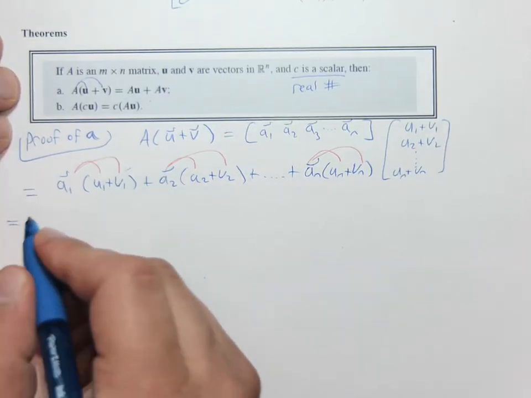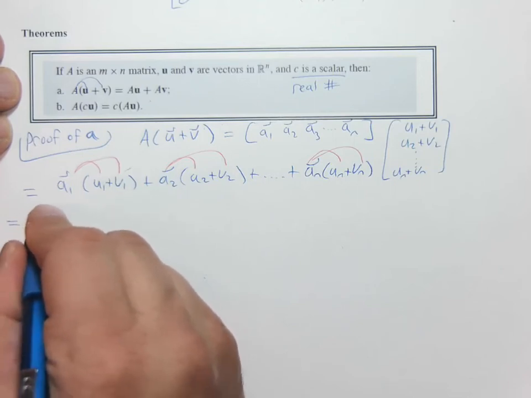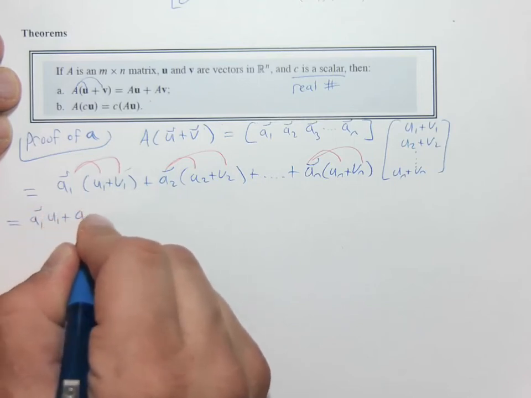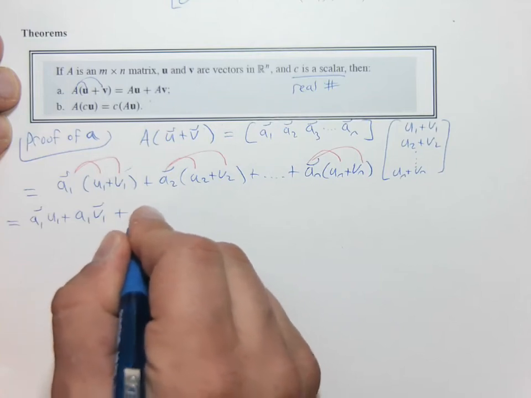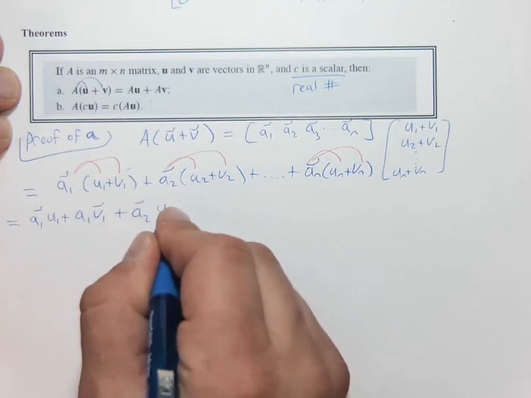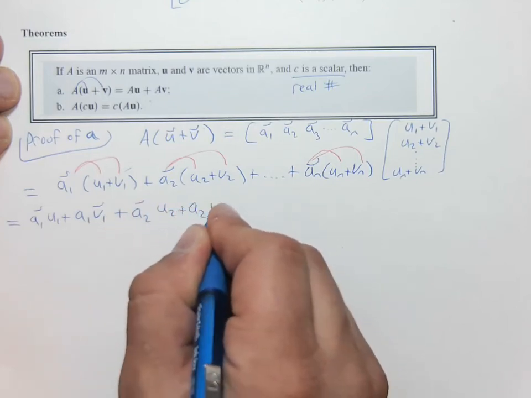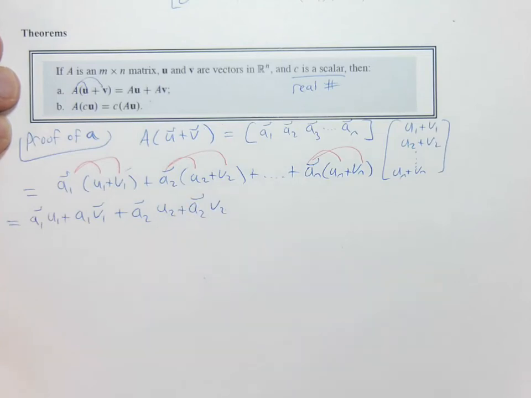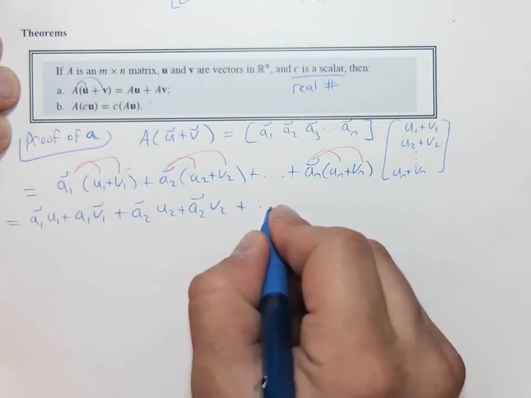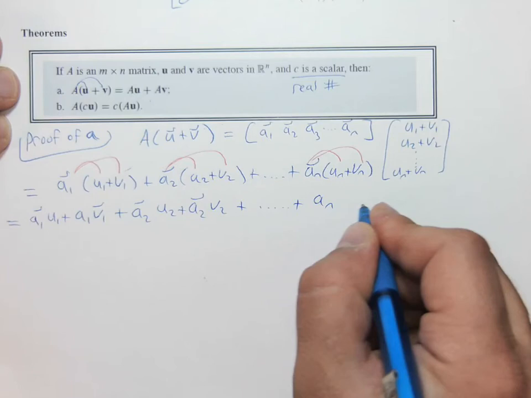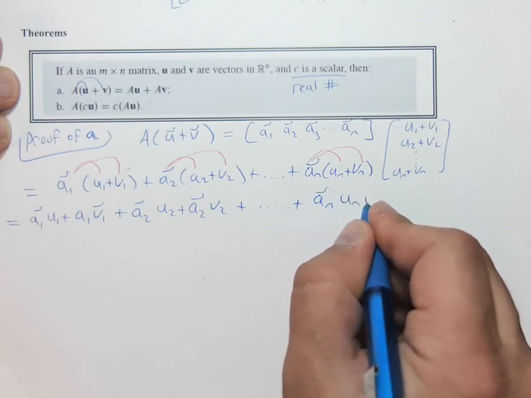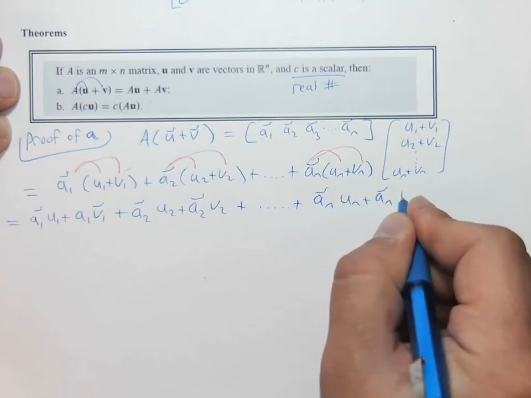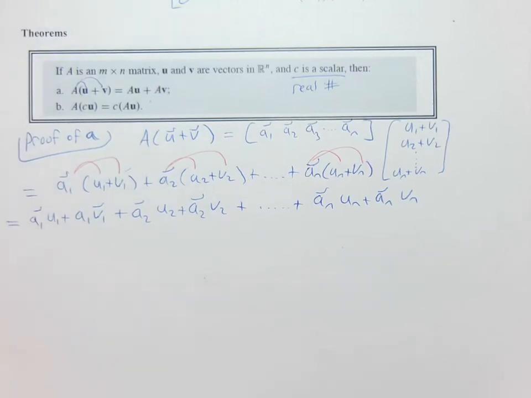And so it'll look like this. So I've just distributed those column vectors through each one of those expressions.